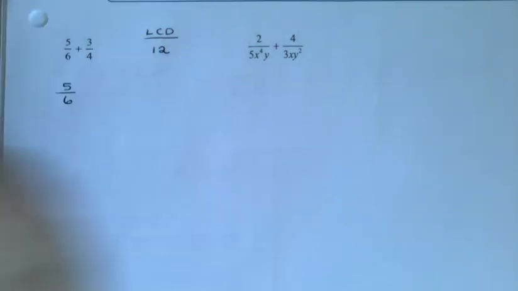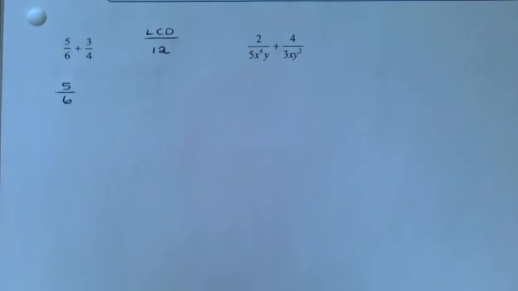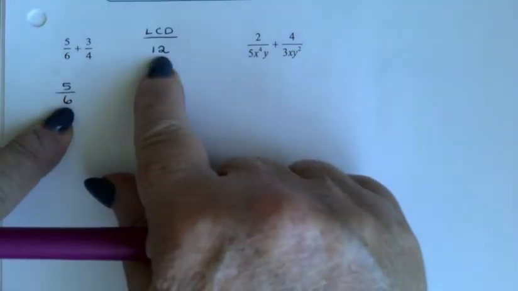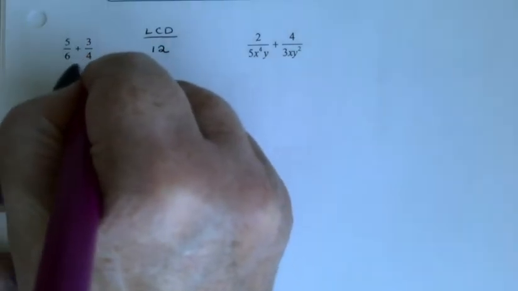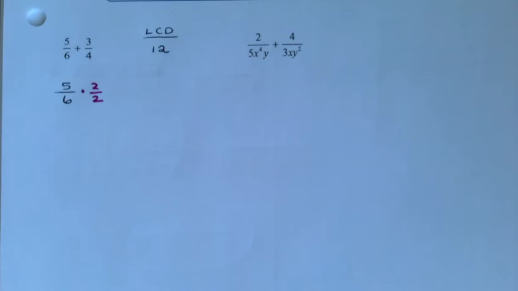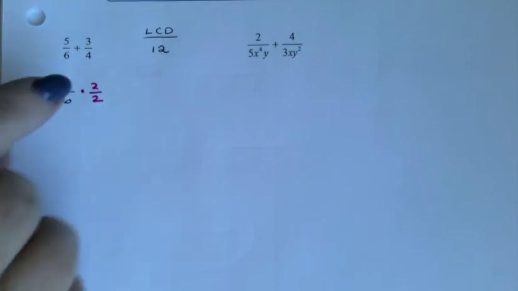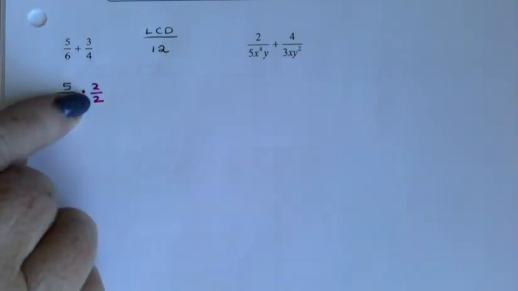You then create that common denominator in both of the original fractions. So I look at my 5/6 and I say, what's missing? What do I need to multiply by to get to that 12? Well, I need 2. And so I multiply by 2 over 2. Why is it so important to multiply both the top and the bottom by 2? Well, 2 over 2 is really just a form of the number 1, right? 2 over 2 is 1.